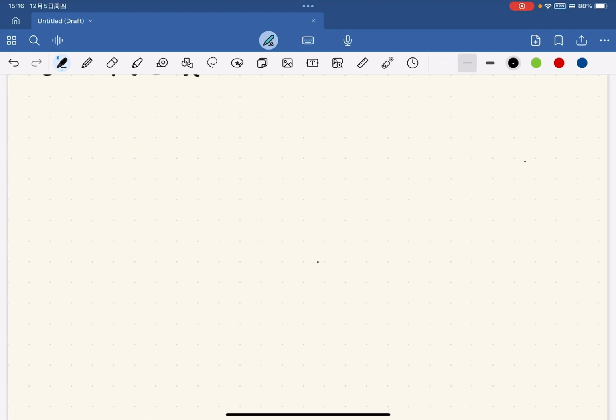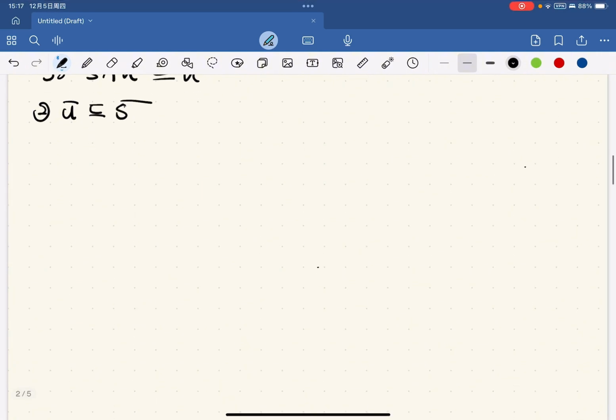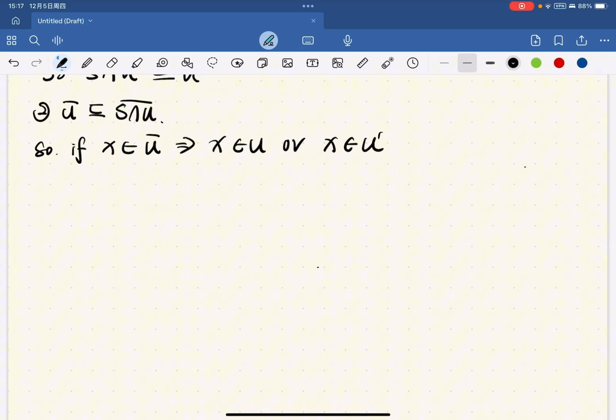Next, let's prove that the closure of U is contained in the closure of the intersection of S and U. If x is in the closure of U, then x is in U or x is a limit point of U. So let's consider two cases.